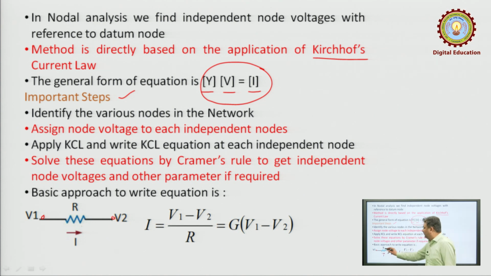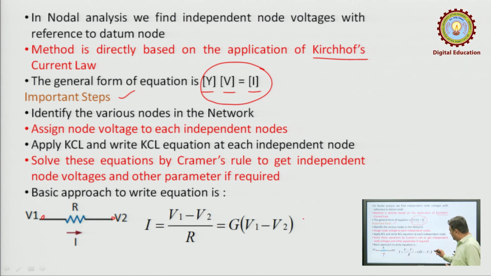Current is the difference of voltage divided by resistance. Why V1 minus V2? Because we have assumed the direction of current from V1 to V2, from higher voltage to lower voltage. So the current will be (V1 minus V2) upon R, or, since the reciprocal of resistance is conductance, this can also be written as conductance multiplied by (V1 minus V2).